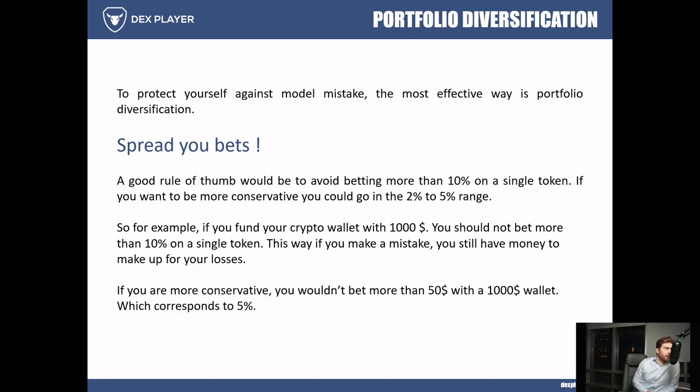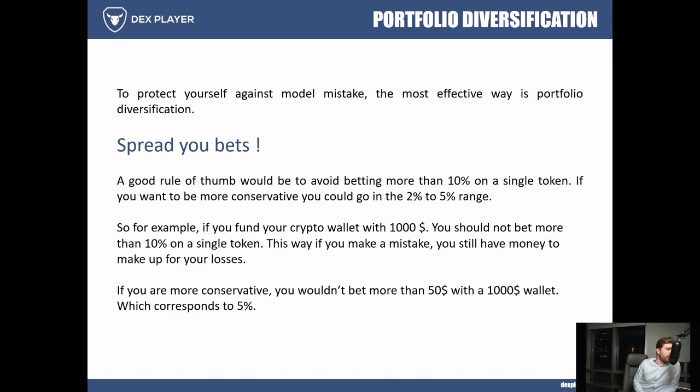And finally, spreading your bets is an effective way to reduce your risk. A good rule of thumb is to avoid betting more than 10% on a single token. If you want to be more conservative, you can go in a range of 2% to 5%.